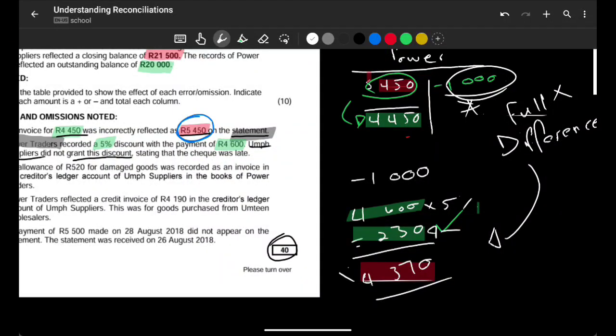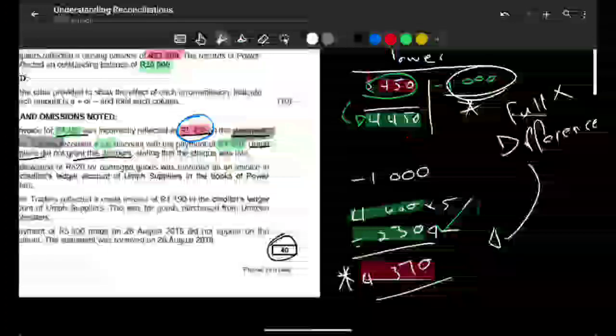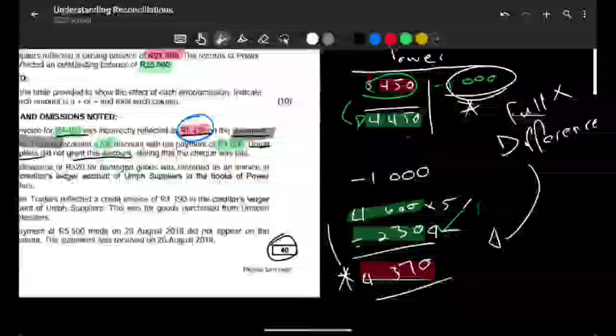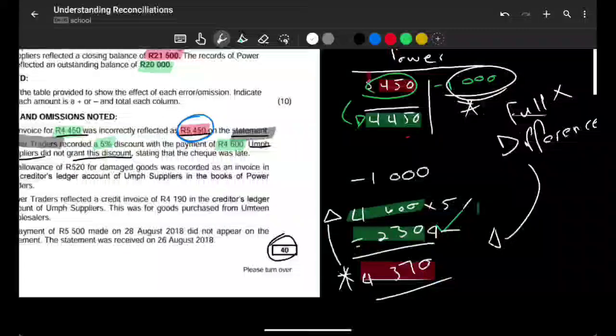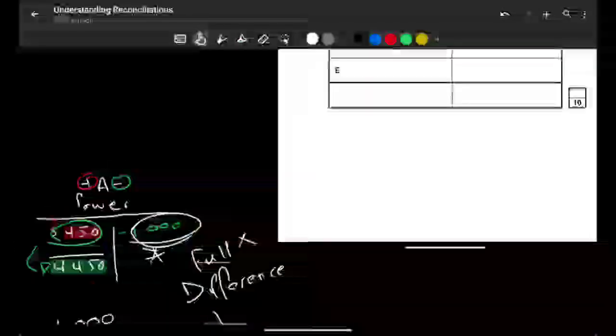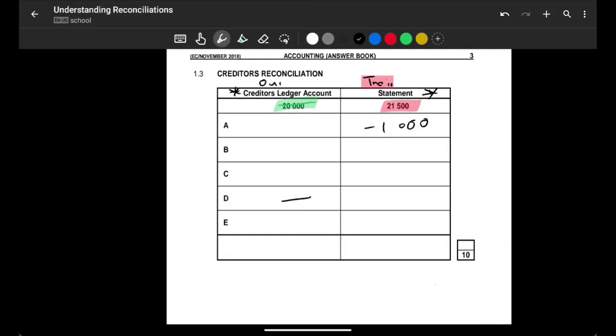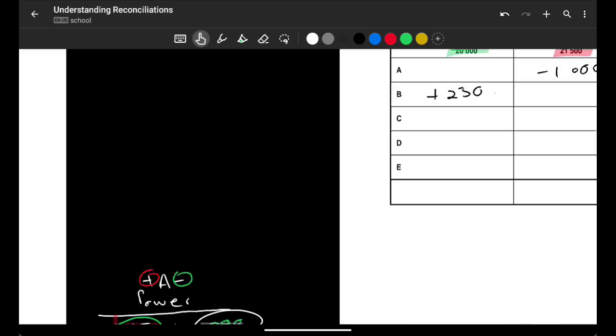We had paid 4,370, but the amount is supposed to be 4,600. So we're going to add the 230 rand, right? Adding the 230 rand, plus 230, and that is the second question done, right?